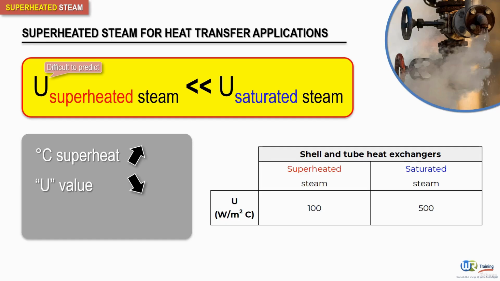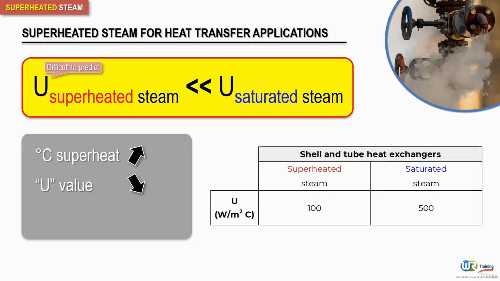Now, of course, these figures are typical. Actual figures will vary due to other design and operational considerations. Although the temperature of superheated steam is always higher than saturated steam at the same pressure, its ability to transfer heat is therefore much lower.